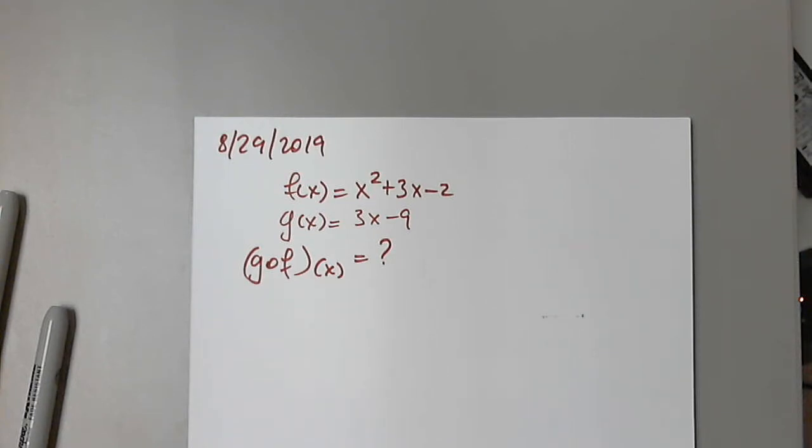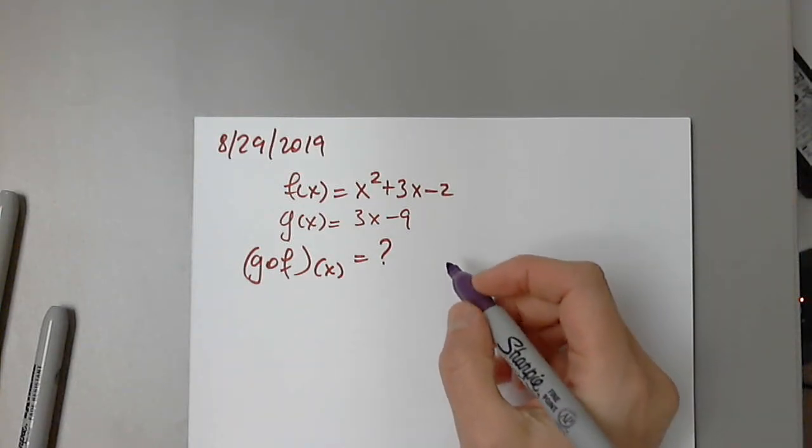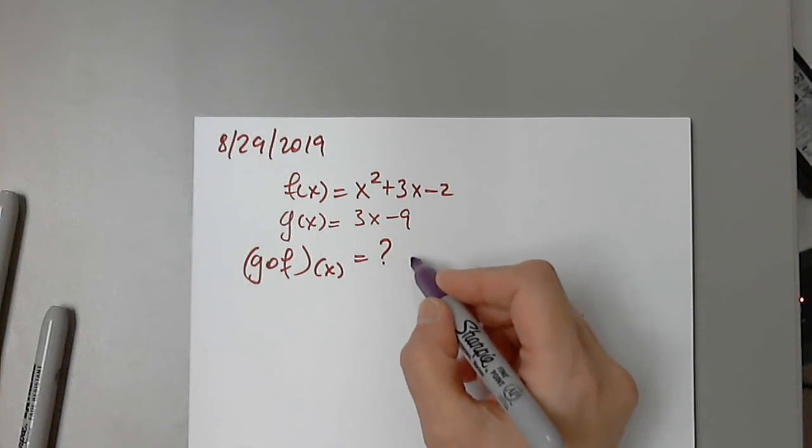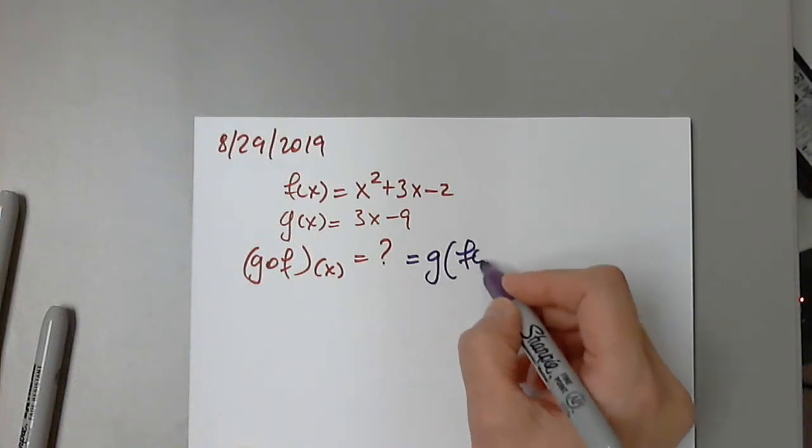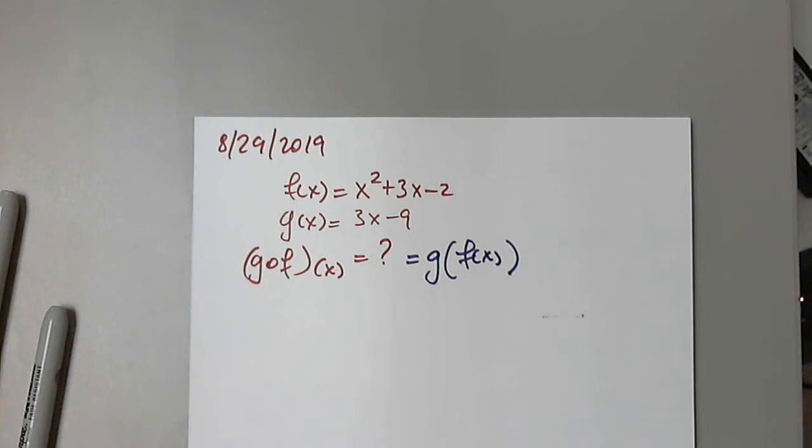For the function g, in place of x, you use the function f. Right, so this is nothing else but g of f of x. Now, we're going to use this very soon.